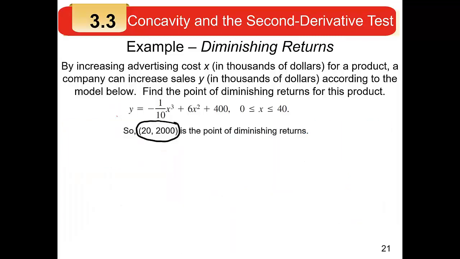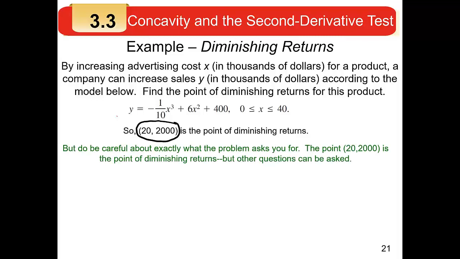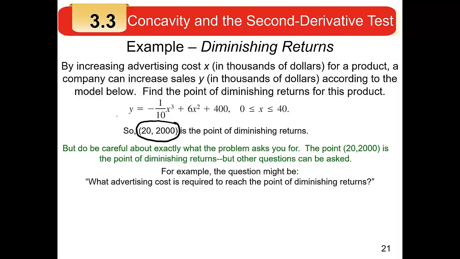Now be careful when a problem involves diminishing returns, because sometimes they don't actually ask for the point of diminishing returns, or maybe they don't ask for just the point. For instance, even though the point (20, 2000) is the point of diminishing returns, they might ask, either instead of or in addition to that, something like, what advertising cost is required to reach the point of diminishing returns?